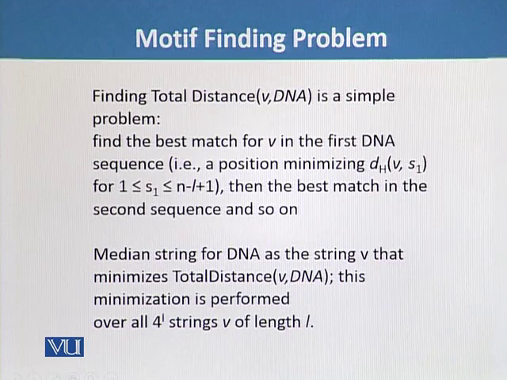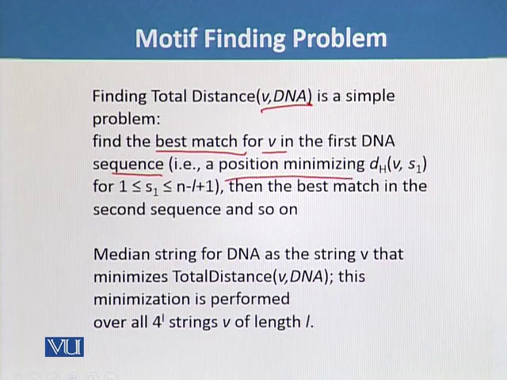Finding the total distance of V and the DNA is a simple problem. First, one has to find the best match for V in the first DNA sequence, where we have seven, eight, ten sequences. The best match is the position minimizing the Hamming distance, meaning the differences between the two strings must be minimized. Ideally there should be no differences.